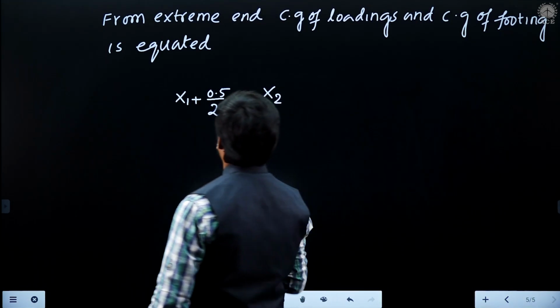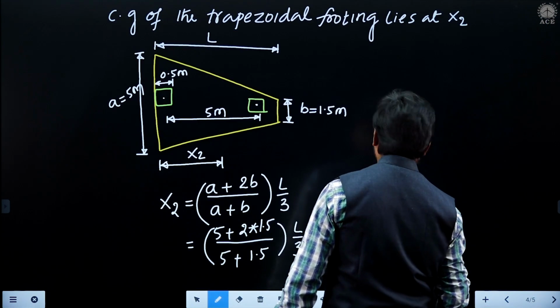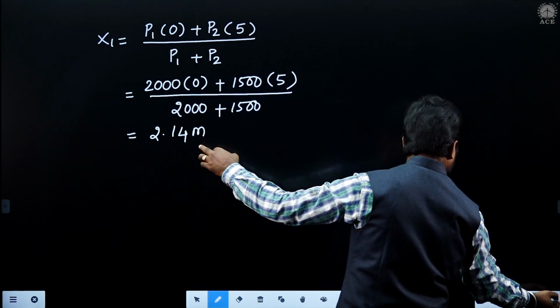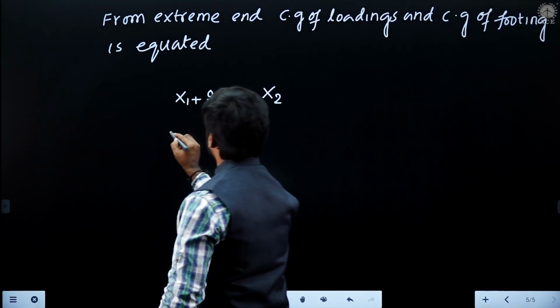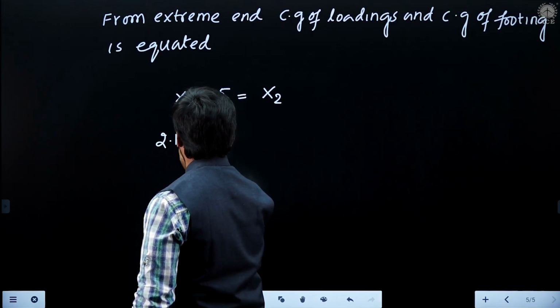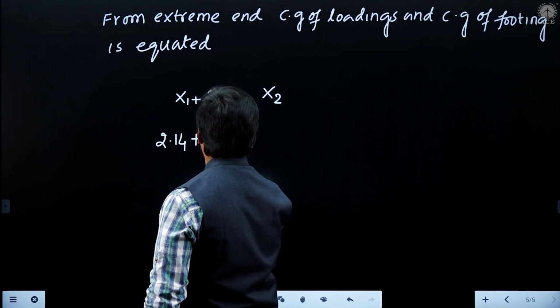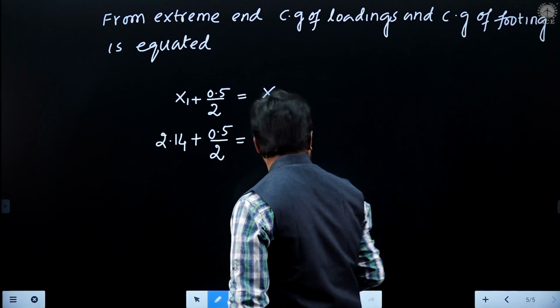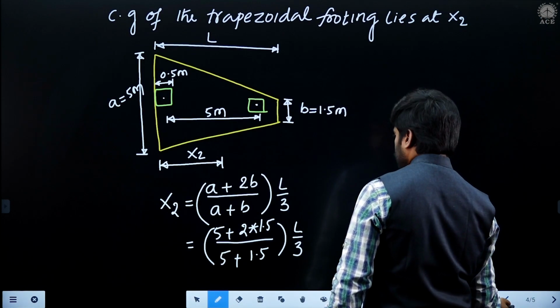What is the x1 you are getting? From this, x1 I am getting is 2.14 meter. It is 2.14 meter plus 0.5 by 2, which is equal to x2. How much is the x2 here?